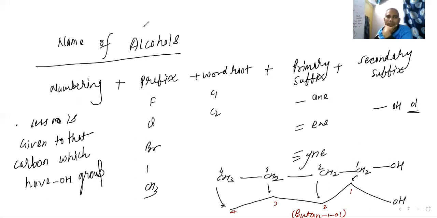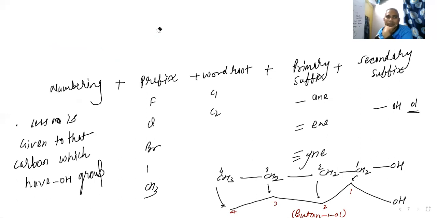Super. I'm erasing this one and I'm asking you some more problems on this, so that you try to answer. This is OH and here we have Cl. Tell me which direction we should start numbering. OH. So this is 1, this is 2, this is 3 and this is 4.